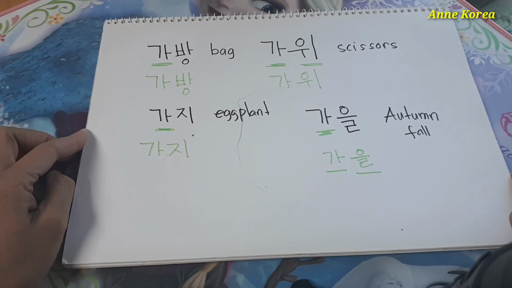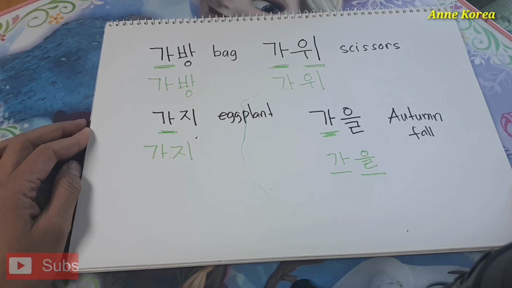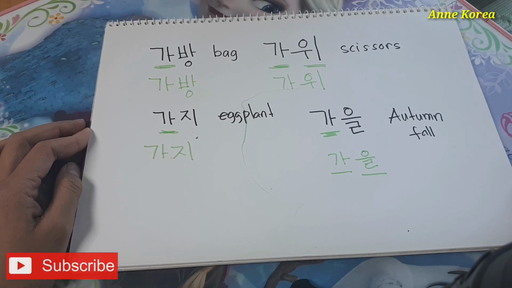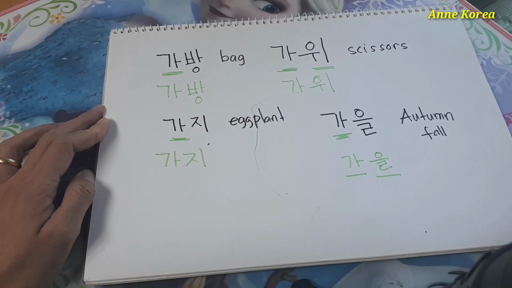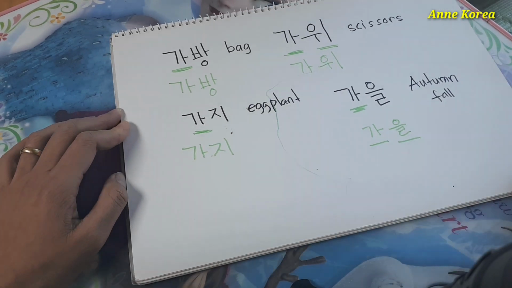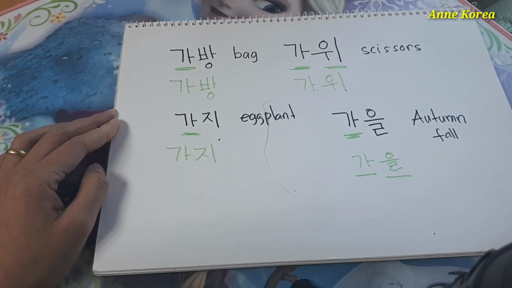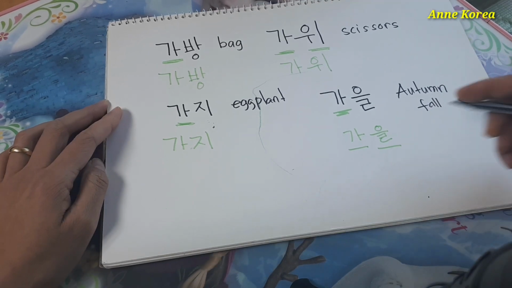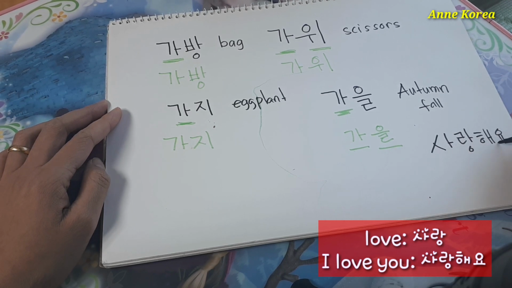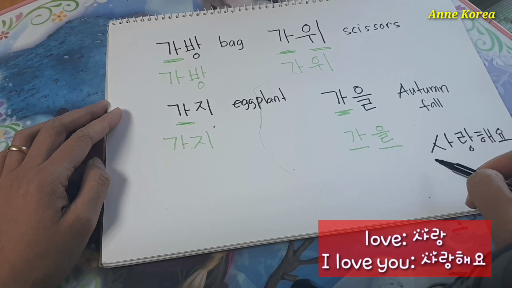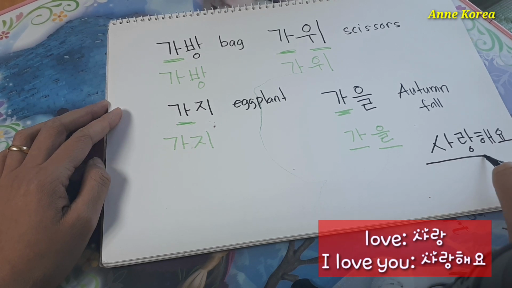And before we end this ka lesson, we're going to learn one sentence. And that is, I love autumn. Paano nga ba natin yan sabihin in Korean? Guys, I love autumn. So, actually yung love sa Korean is saranghe. We say love, that is sarang.